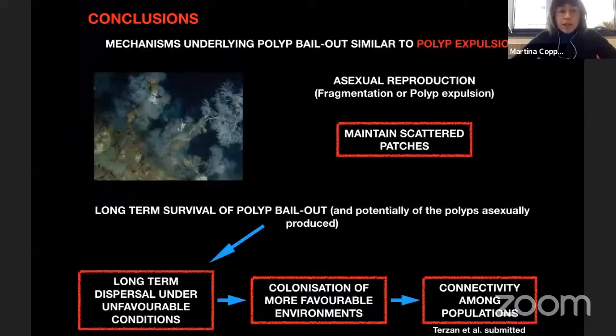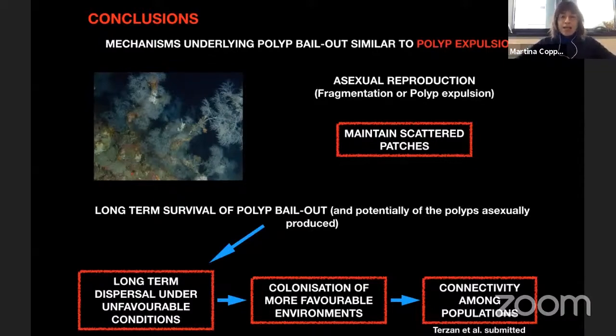Another important observation is that the mechanisms that underlie the polyp bailout, such as the tissue and polyp detachment, are similar to the mechanisms of polyp expulsion, which is an asexual reproduction strategy.